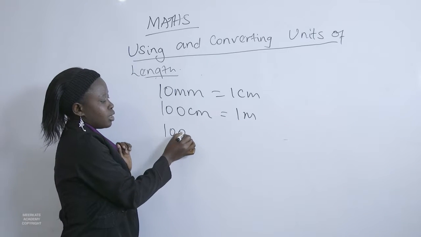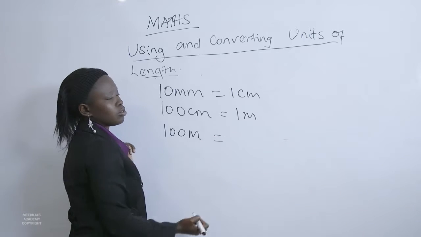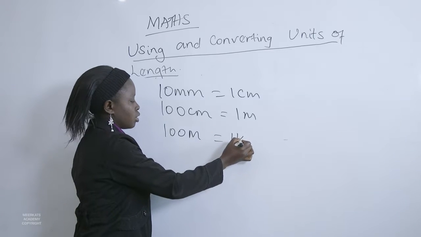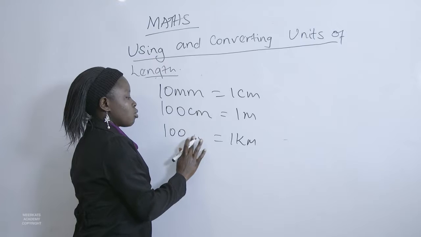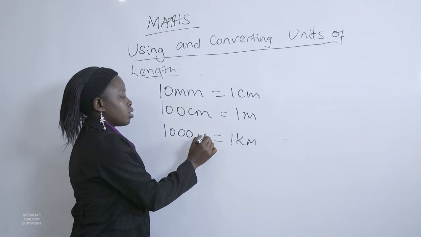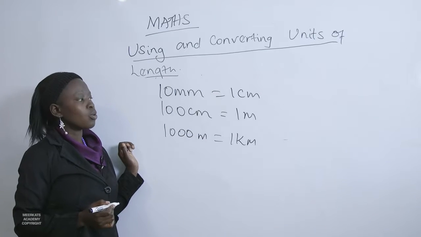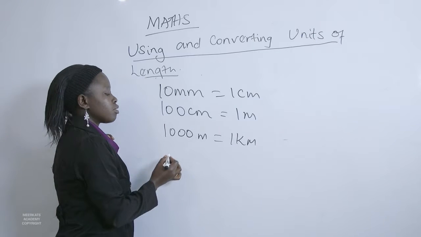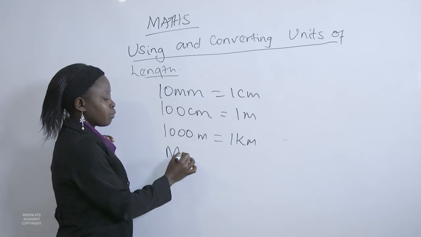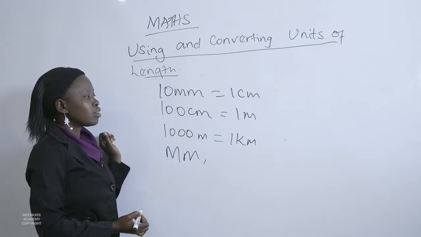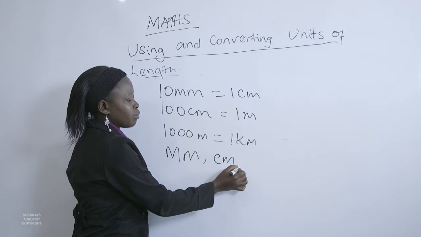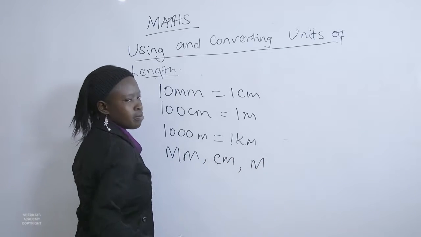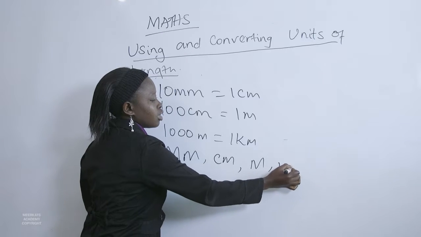Then 1,000 meters is equal to 1 kilometer. So what do we discover? We have millimeter being our smallest unit, followed by centimeter. Then we have meter, and we have kilometers.